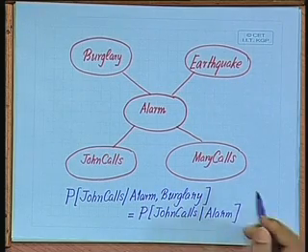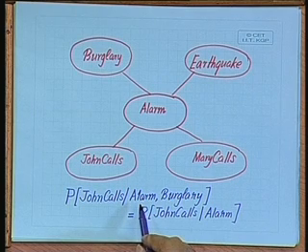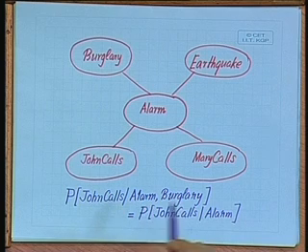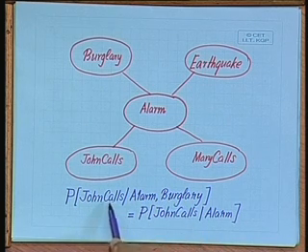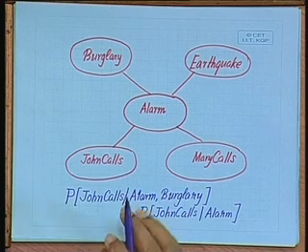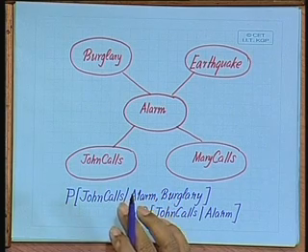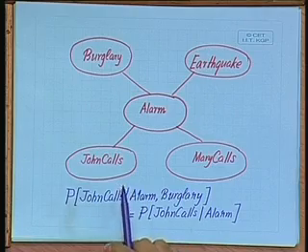If you know that the alarm has gone off, then it does not really matter whether the burglary has taken place or not, because John calls is affected only by whether the alarm has gone off or not. So, for John all it matters is whether the alarm has gone off. If you are given that the alarm has gone off, then the probability of John's calling is not dependent on whether the burglary has actually taken place or not.